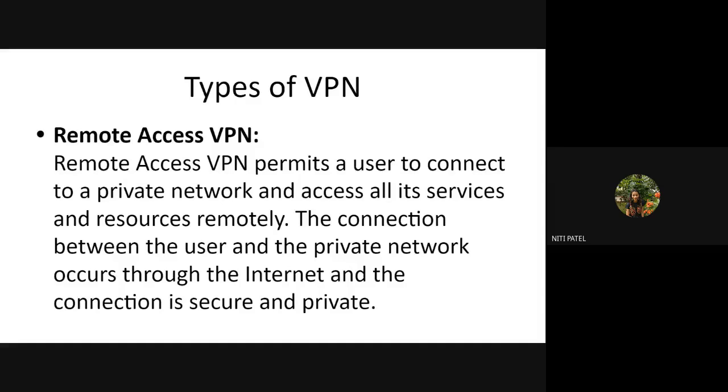The things which I cannot do from the public network due to any kind of restriction, I will do by connecting to a virtual private network. So I wanted a resource, Netflix, which I was not able to download from the public network, so I downloaded it using that VPN, and from that VPN I could access it on my particular device. That is what remote access VPN is.